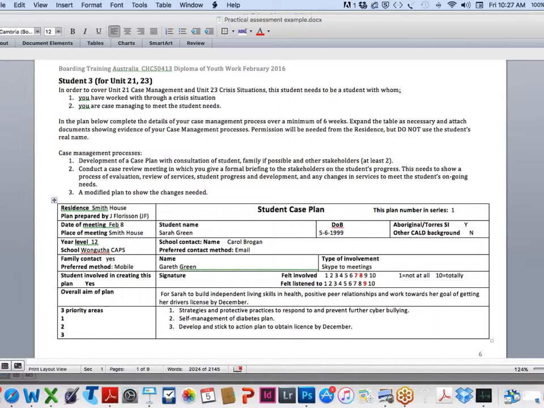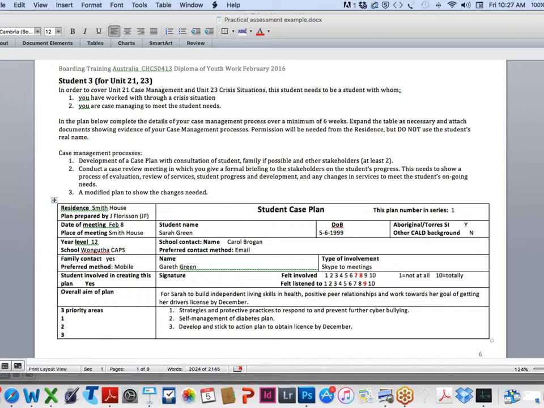So at the top of the case plan, you'll see that we involve the young person, and we have a question there, student involved in creating this plan, and we should have her signature in there, and then she should tell us on a scale of 1 to 10 how involved she's feeling and how listened to she's feeling. And if you're not getting a good number up there, then you need to work out a way of changing how you're involving her so that she's feeling better about it.